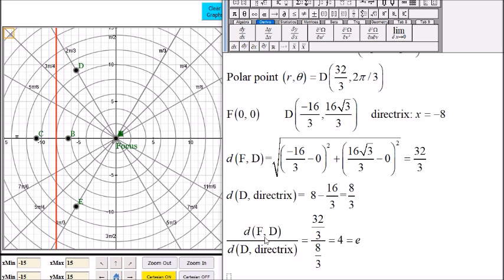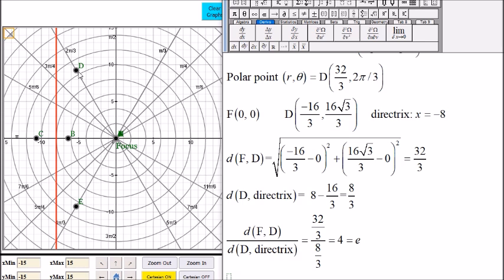And now let's calculate the ratio of the distance from D to F and D to the directrix. So 32/3 divided by 8/3 is 4, which is the eccentricity number that we have chosen. And so that's what we want.